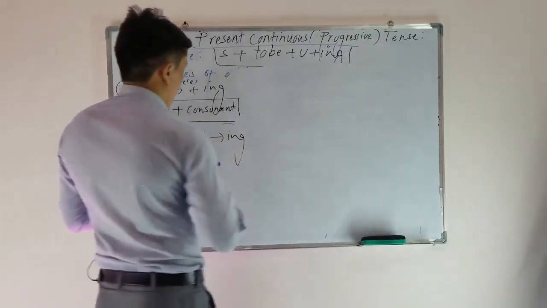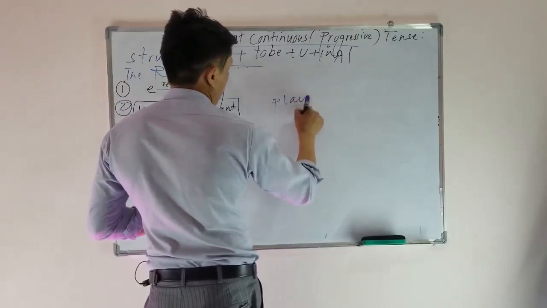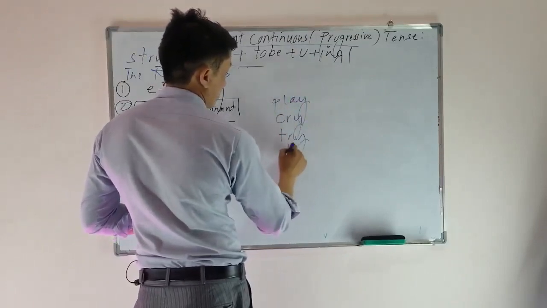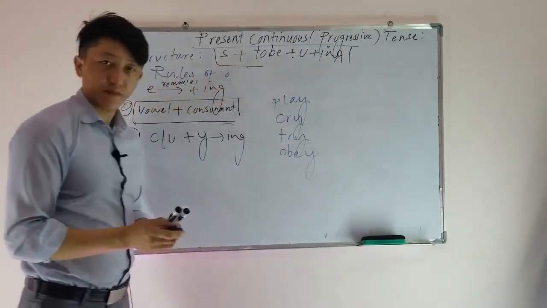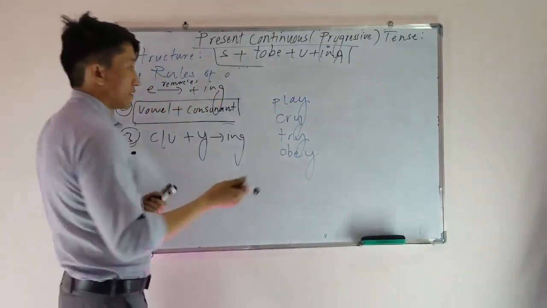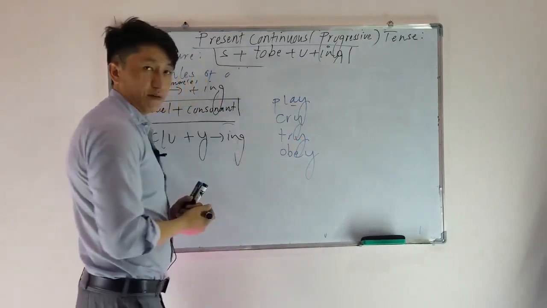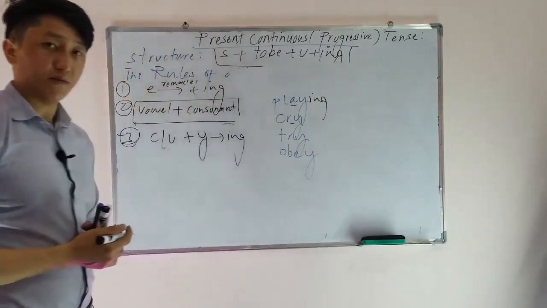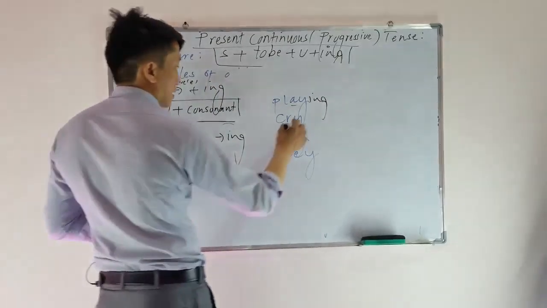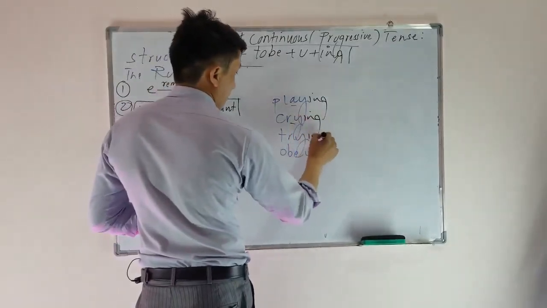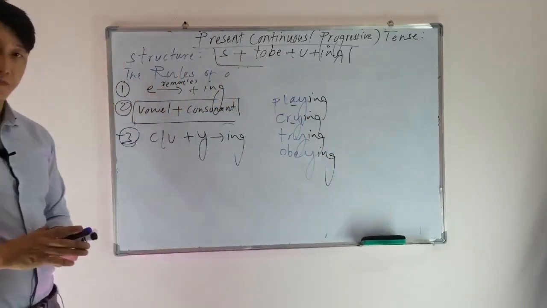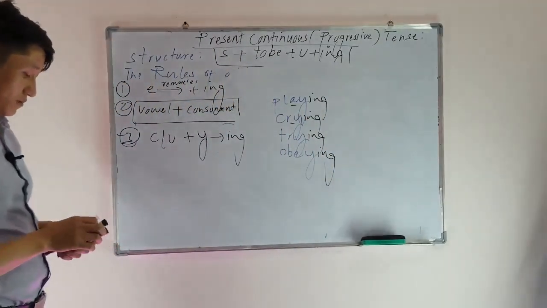For example, if I have play, cry, try, obey, it doesn't matter. For example, we have play, it finishes with y, and before y we have a vowel, just add ing. Or cry, it finishes with y, before y we have r, a consonant, and add ing. All of them add ing. We don't bring any changes here. It's just vowel or consonant, it doesn't matter.